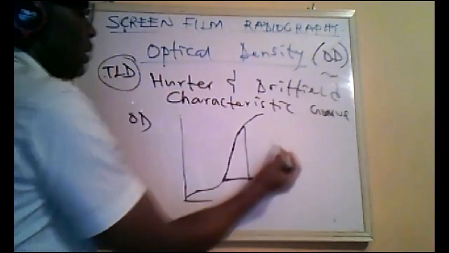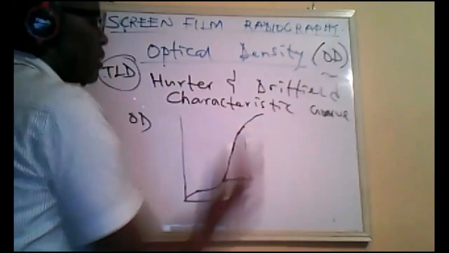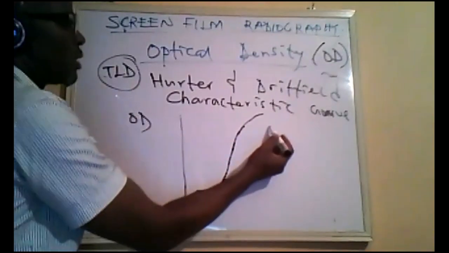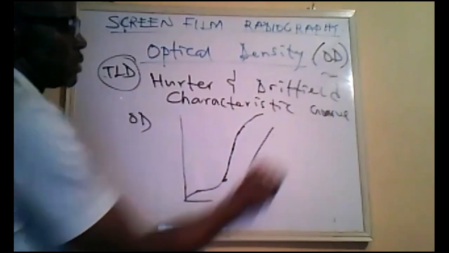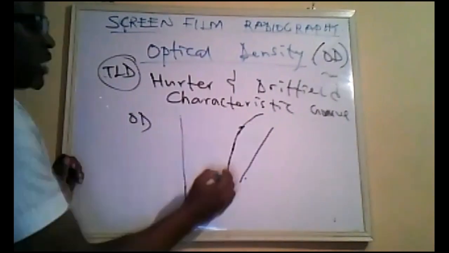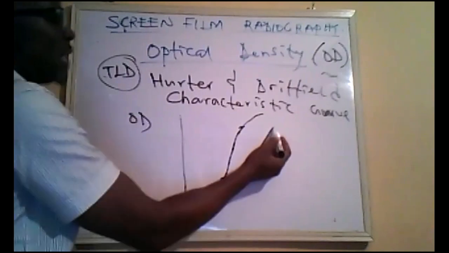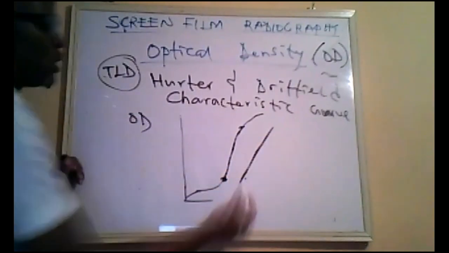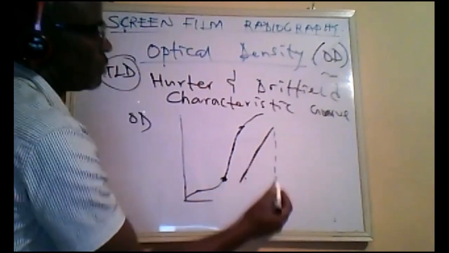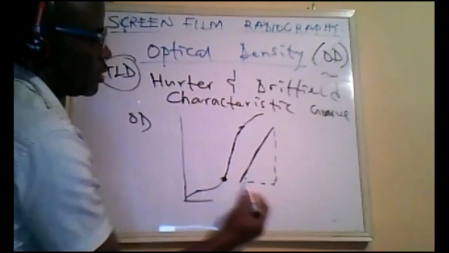Compare it with another gradient. If you pick 2 points on this linear portion and draw your line between them, and it comes out this way, you're going to have a particular value of gradient.